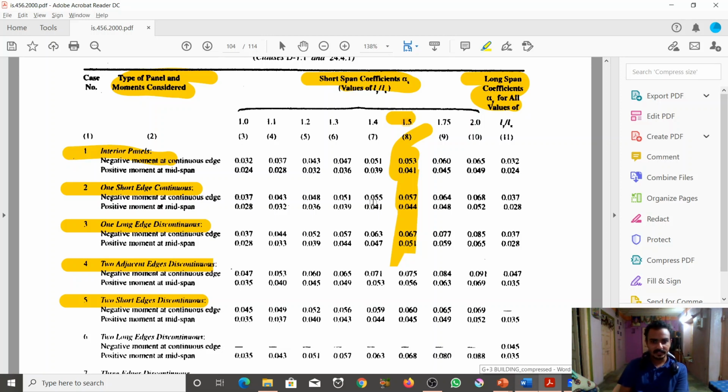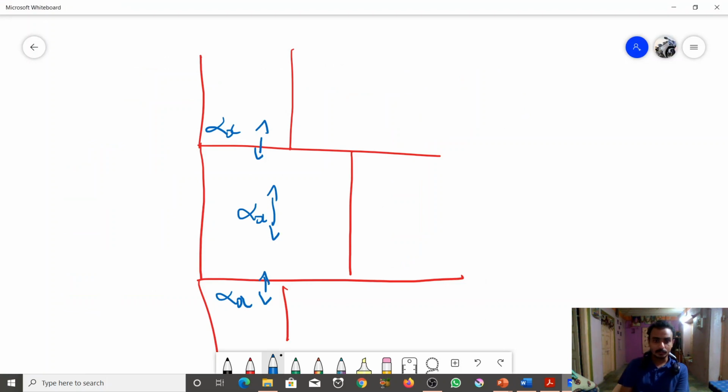Negative moment at continuous edge 0.057. So these are continuous edges: here a negative moment of minus 0.057, same here, minus 0.057.